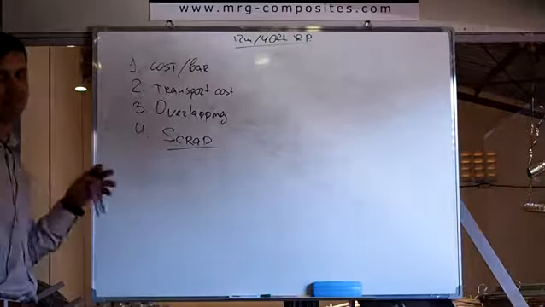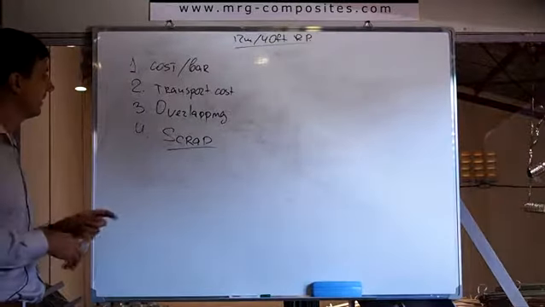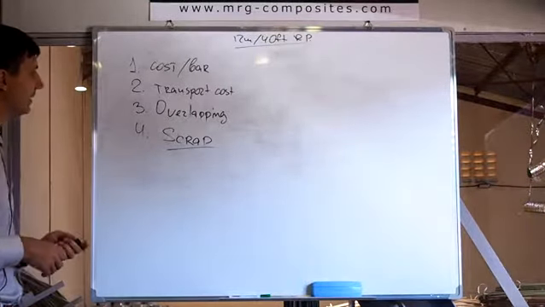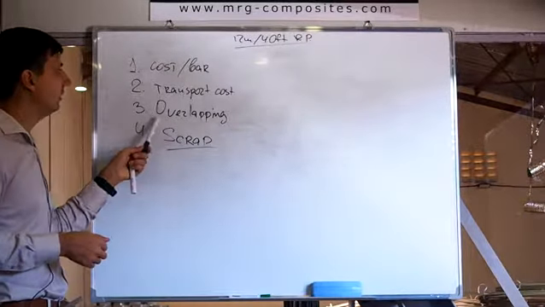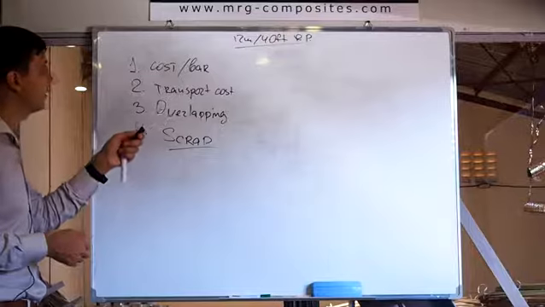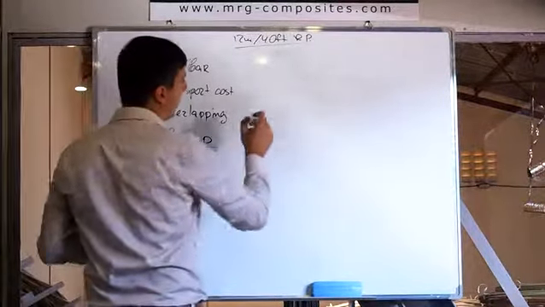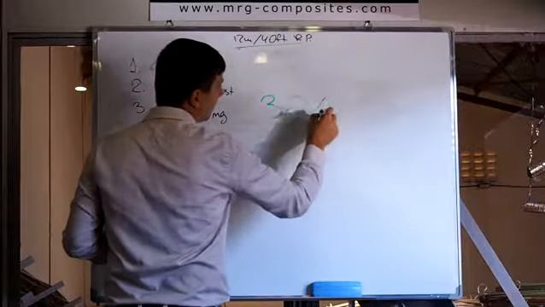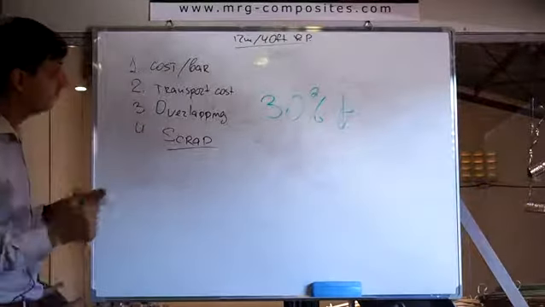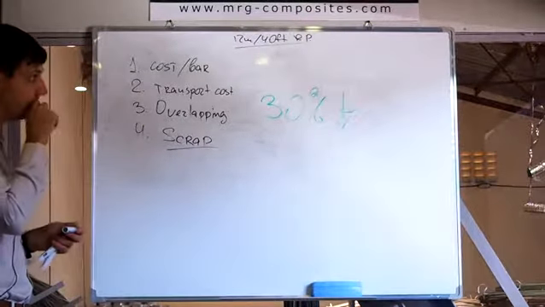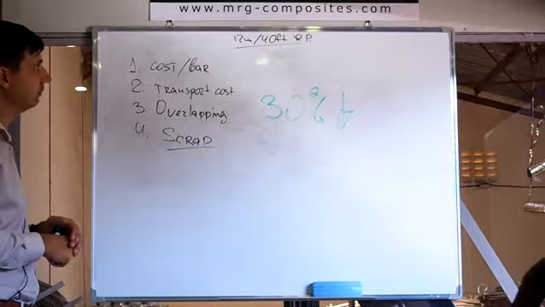People just steal small pieces of steel or something, and they sell them. In our case, no scrap, no overlapping, reduction in transport cost and reduction in cost in this. So we can conclude, we are 30% less compared to steel. If we calculate more, maybe we can raise this difference even more. Okay.